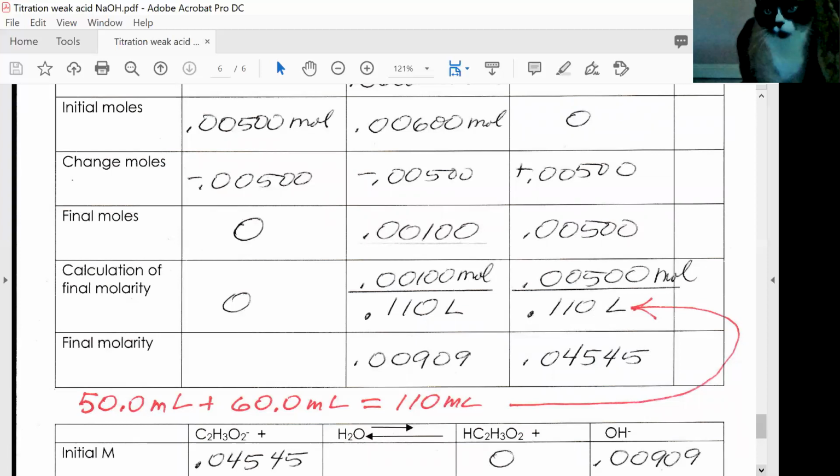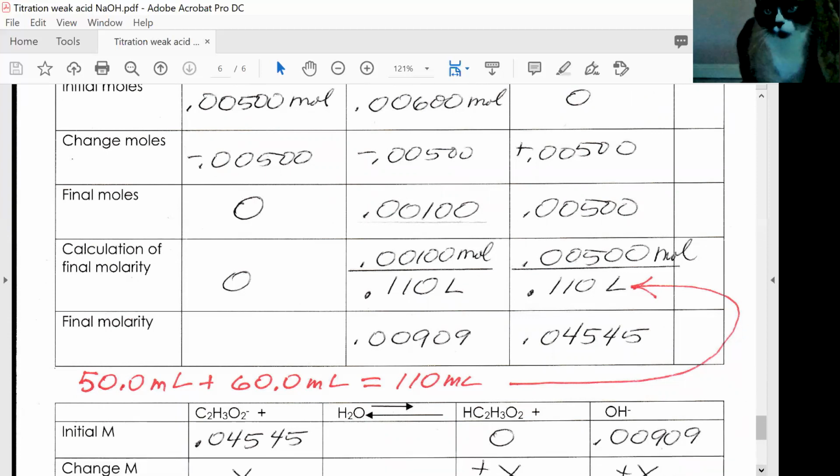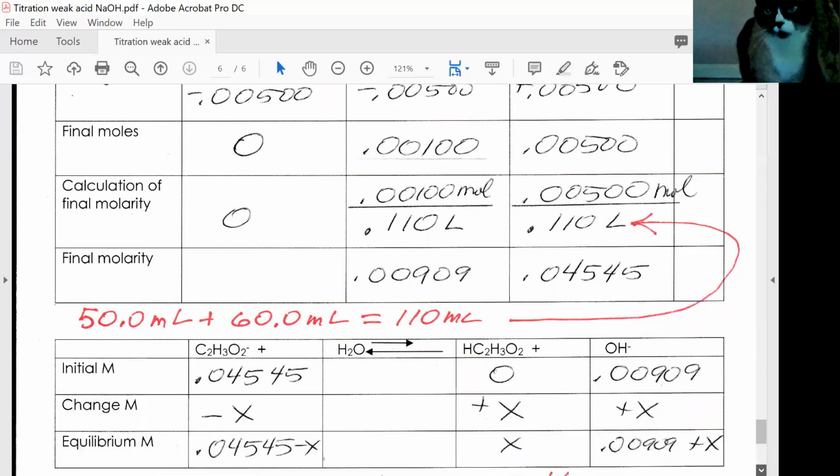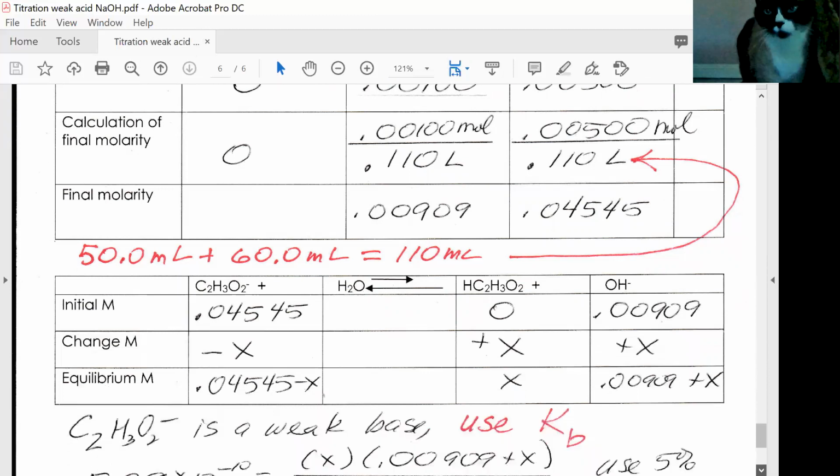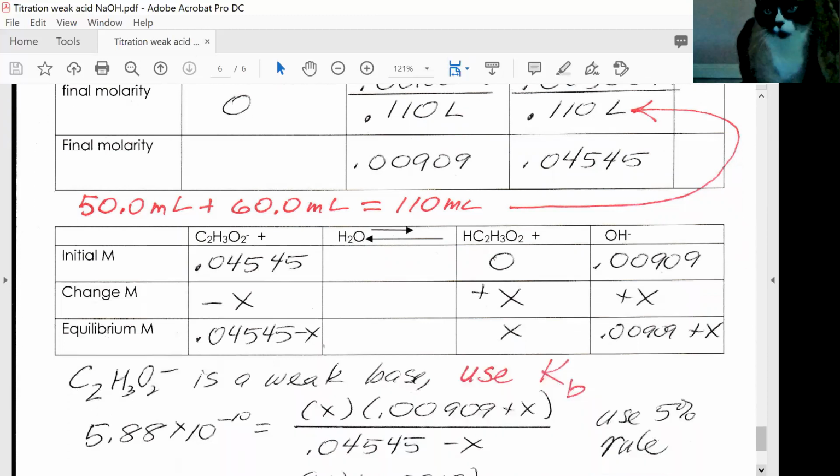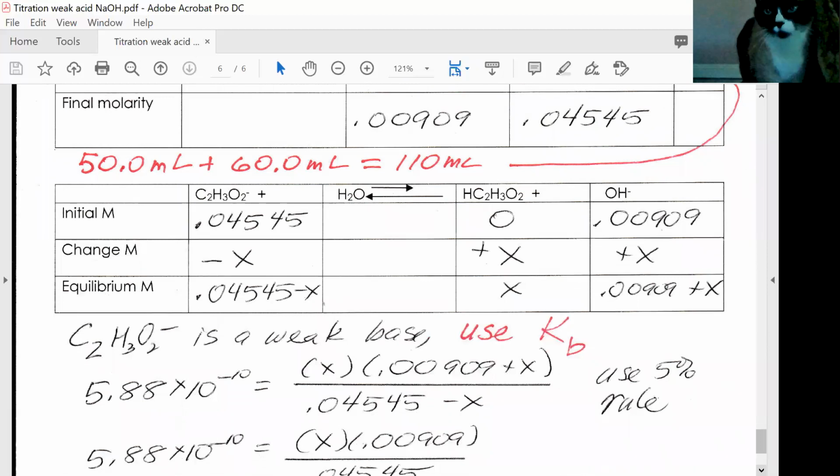So again, this is just a stoichiometry table. We're just setting up our limiting reagent. And then once we have that, we can do another ice table. The beauty of the stoichiometry table is that you use the final molarity from your stoichiometry table to write in your initial row for your ice table.